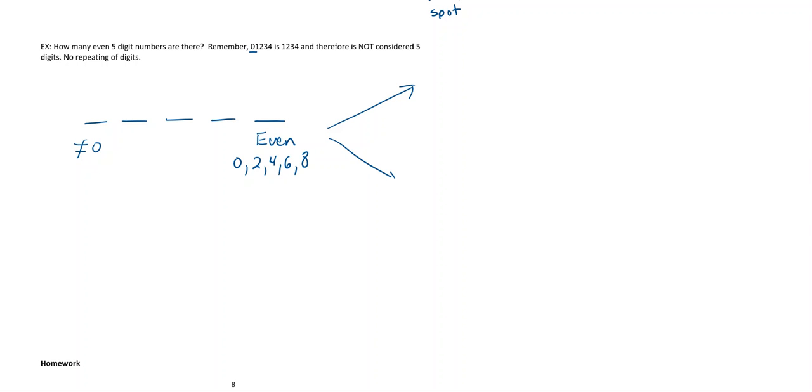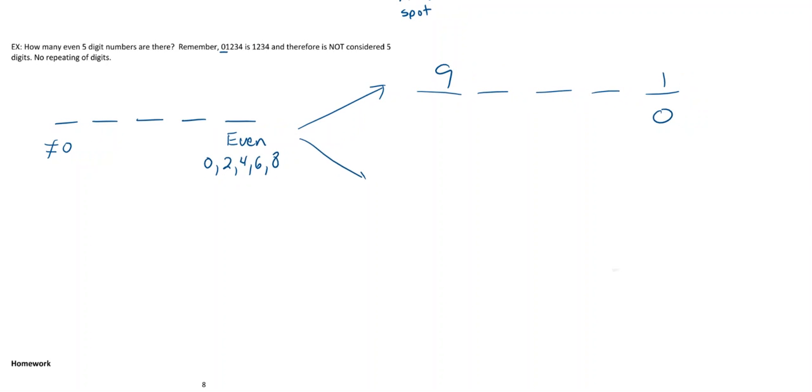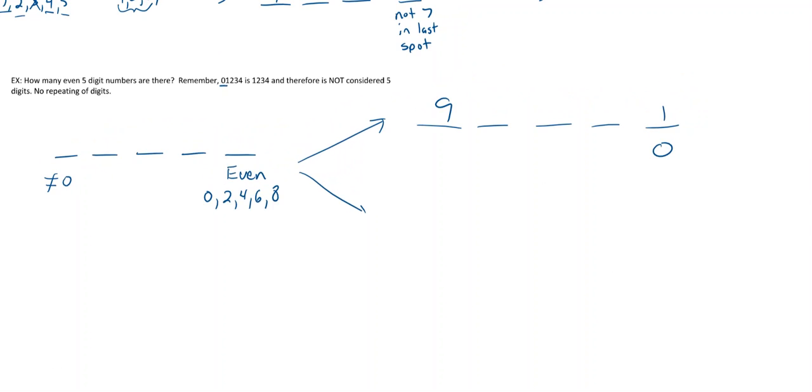So situation 1 and situation 2 here. So situation 1 is going to be when we have 0 in the last spot, right? We'll just do that one first. So if we have 0 in the last spot, then okay, there's one way for that to happen. And then, like I said, there's 9 for the first one, right? Because that last one doesn't even affect the first one because it can't be 0 anyway.